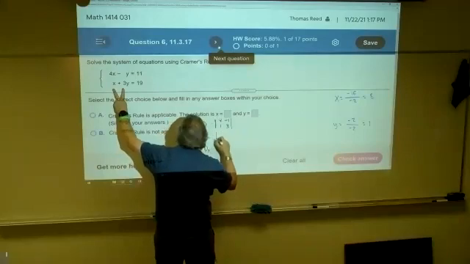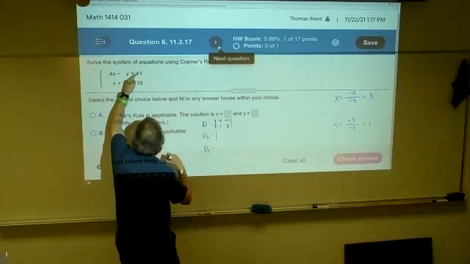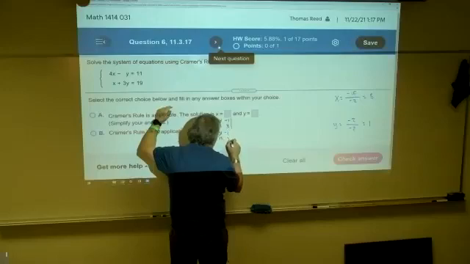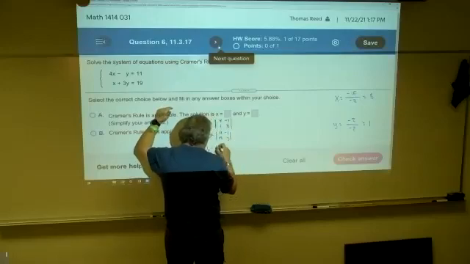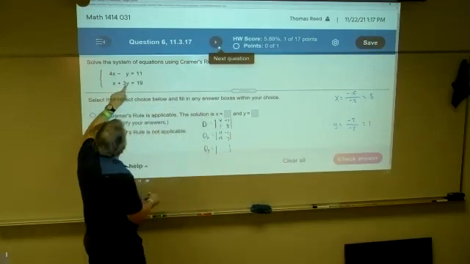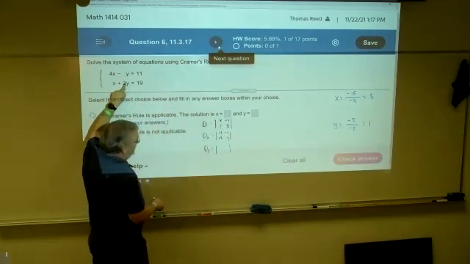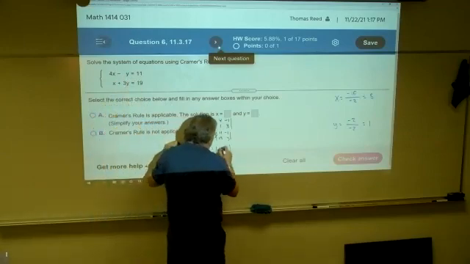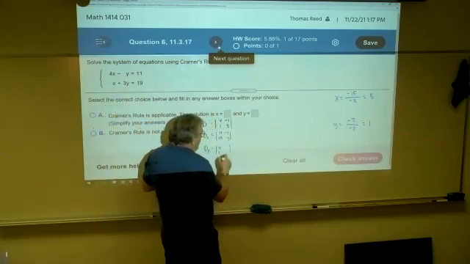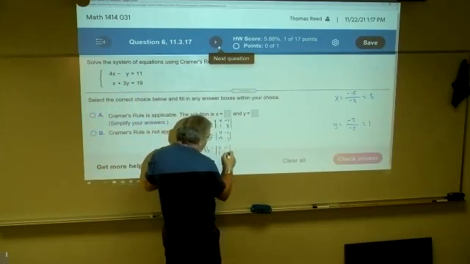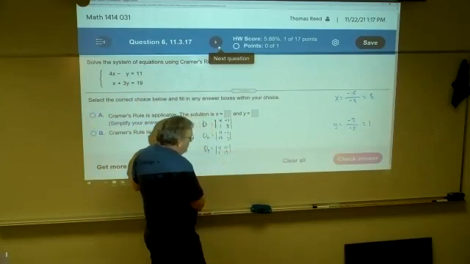D sub X is replacing the 4 and the 1 with the 11 and 19. So this would be 11, 19, negative 1, and 3. And then D sub Y, I'm going to do the same thing, except I'm going to replace the negative 1 and the 3 with 11 and 19. So the 4 and the 1 don't change, but the negative 1 becomes 11, and the positive 3 becomes 19.